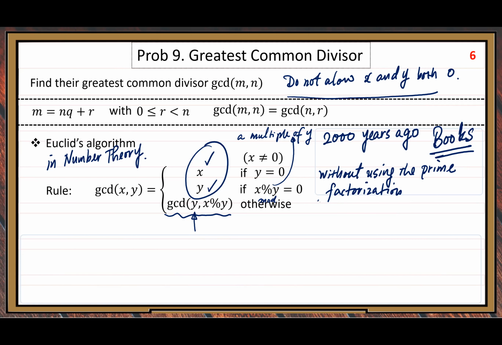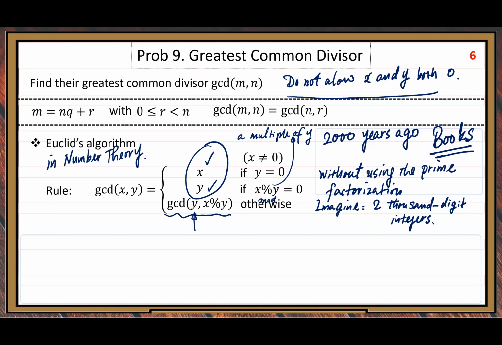Imagine 2,000-digit integers, and we want to calculate the GCD of these two numbers.